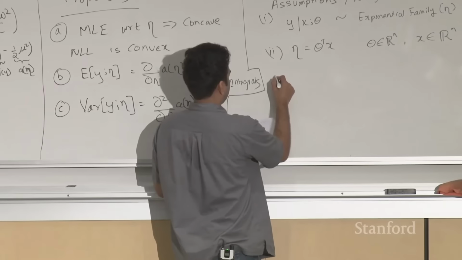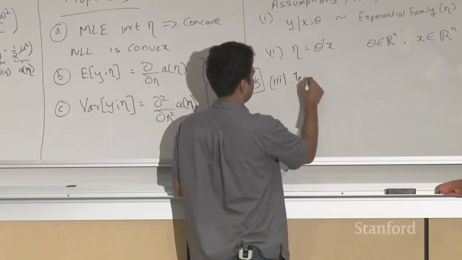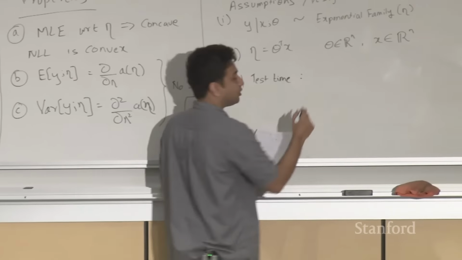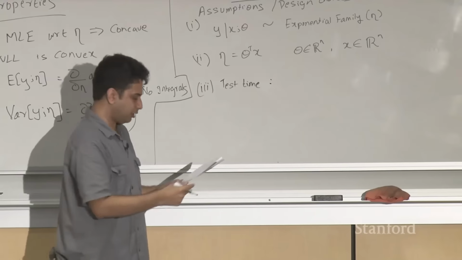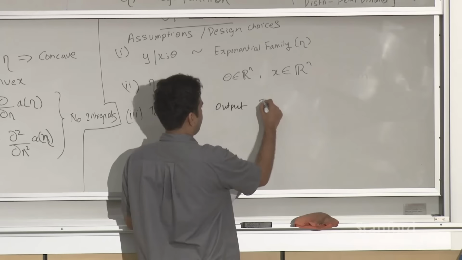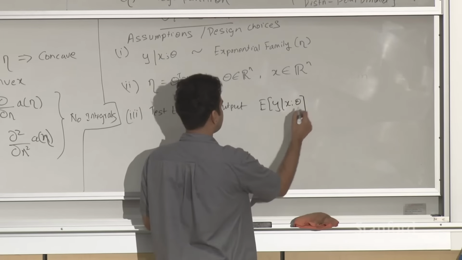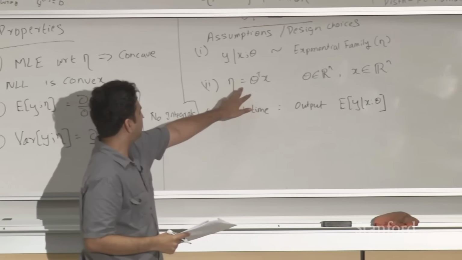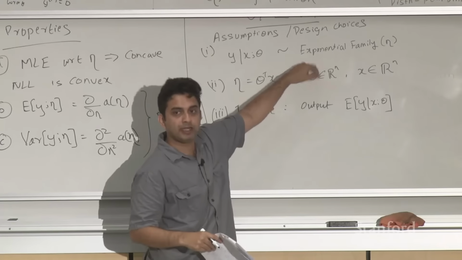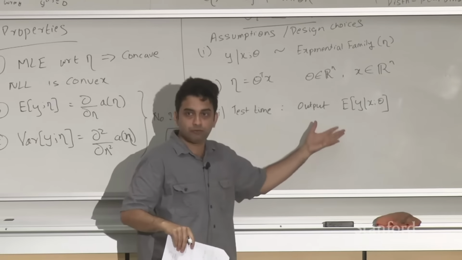And another assumption is that at test time, when we want to make an output given a new x, we get an exponential family distribution, and the mean of that distribution will be the prediction that we make for a given x.